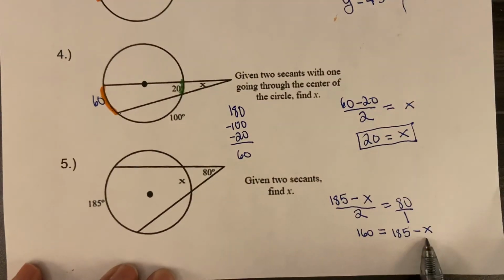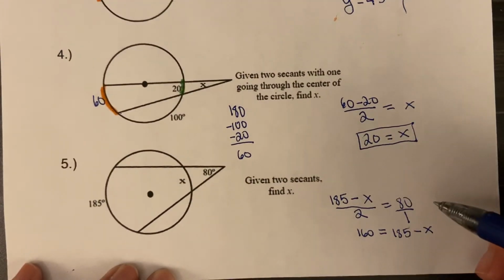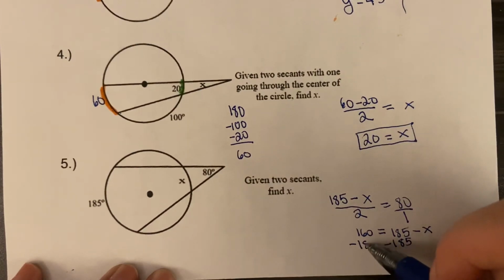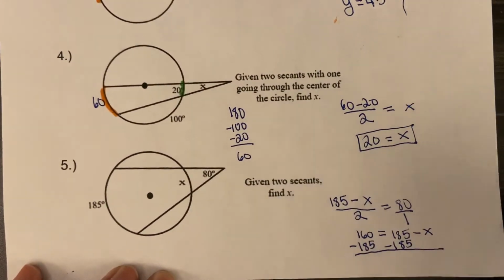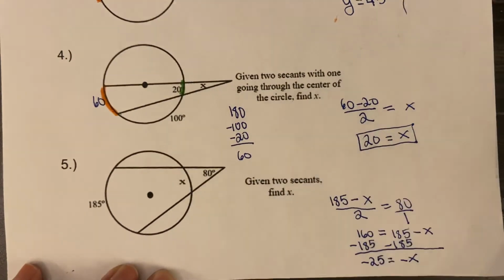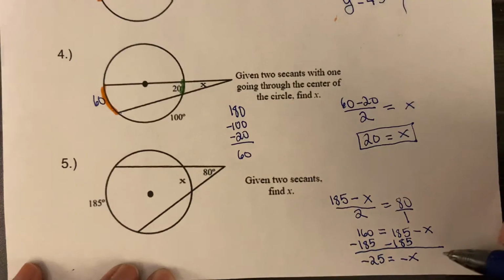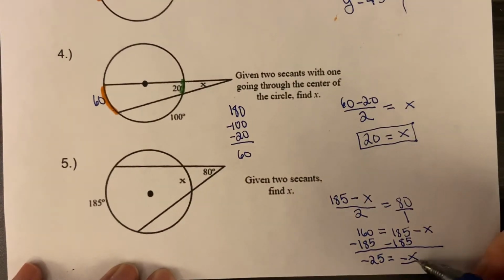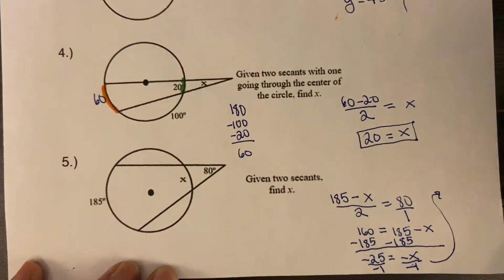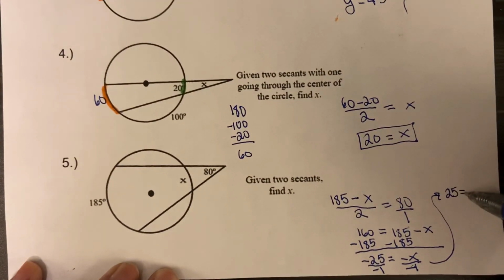Then to solve this for x, you subtract 185 on both sides. You get negative 25 is equal to negative x. I'm running out of space here, but to make x positive, you divide both sides by negative 1, and I'll carry the answer here. So you end up getting 25 is equal to x.